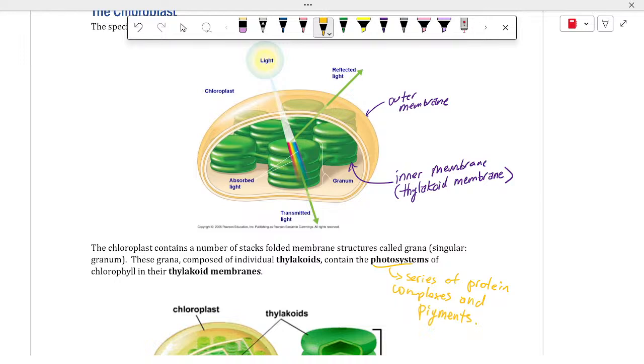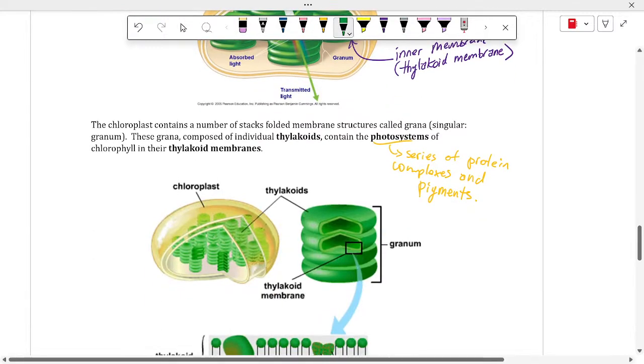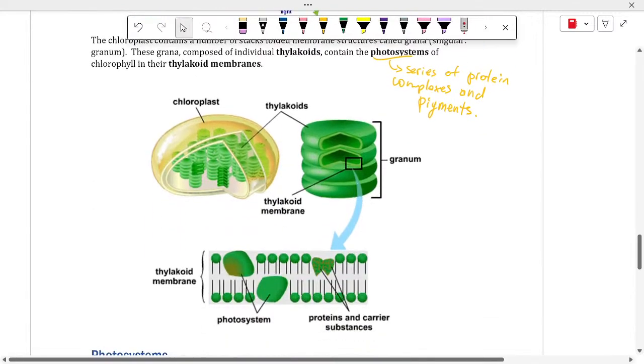But when the light hits the chloroplasts, these thylakoid membranes are full of pigments, including chlorophyll, all right?